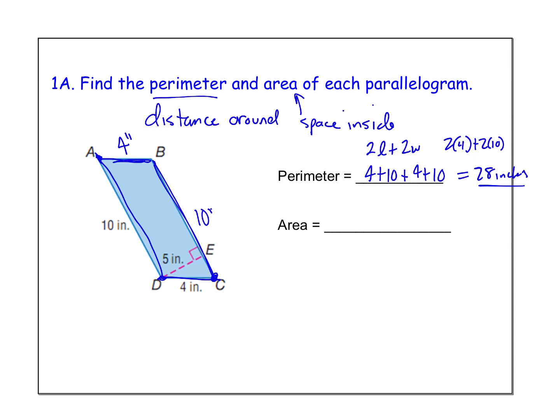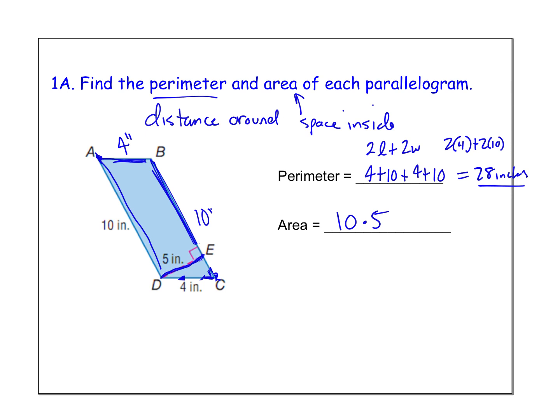Area is a little different because here my base will be the 10, my height will be the 5. Now, my base is not the 4. How do I know? Because the 5 inches, my height, goes from one 10-inch side to the other 10-inch side.